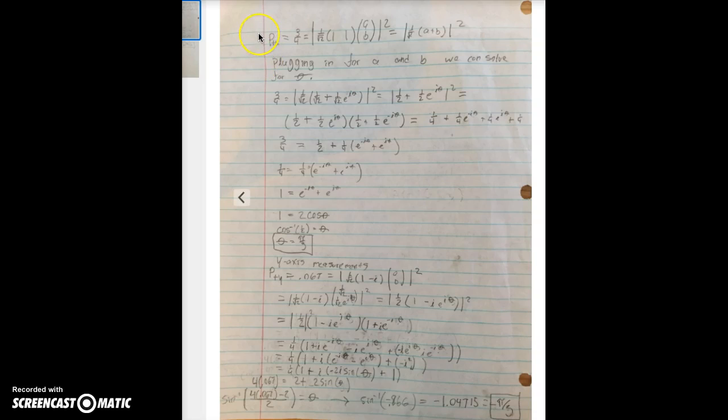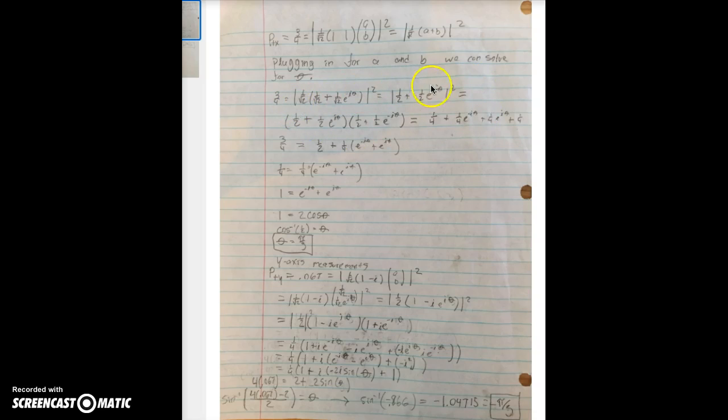So now let's solve for theta, and let's use our probability along the x-axis to do this. For spin up in the x direction, the probability of a quantum measurement is 3 over 4. So we plug that in, and we plug in our values for A and B. A equals 1 over root 2, and B equals 1 over root 2 times e to the i theta.